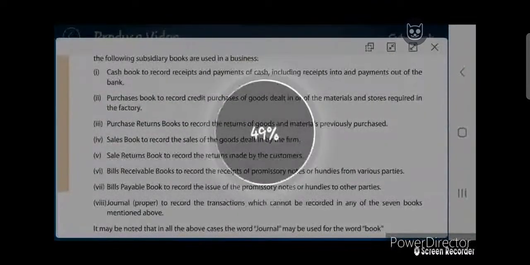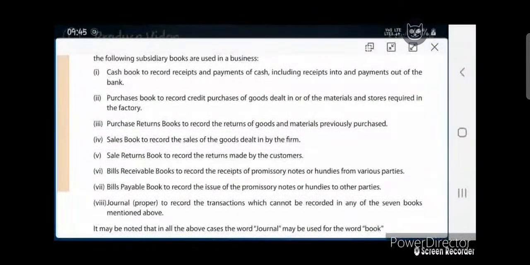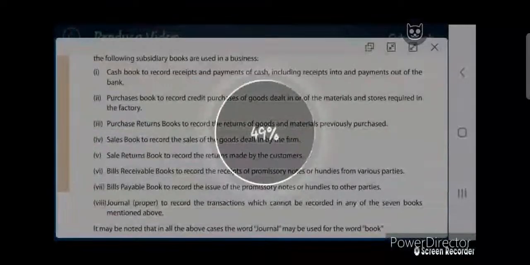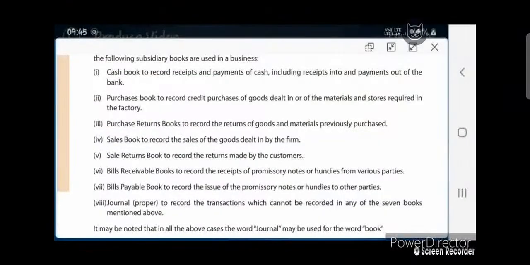Next is the purchase book, to record credit purchases of goods, or of the materials and stores required in the factories.